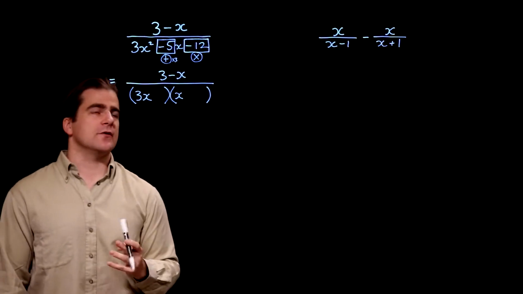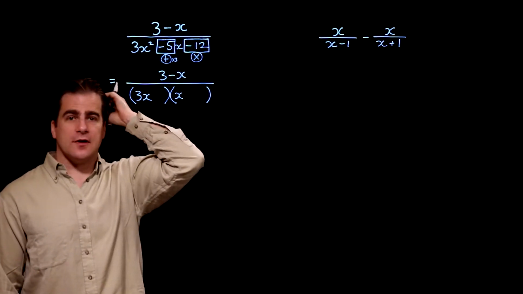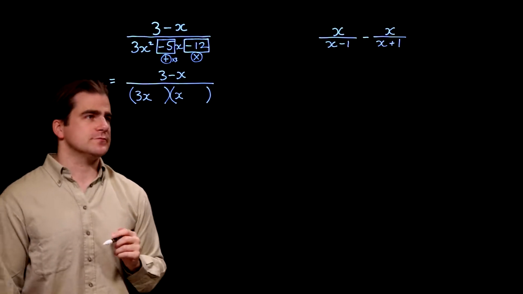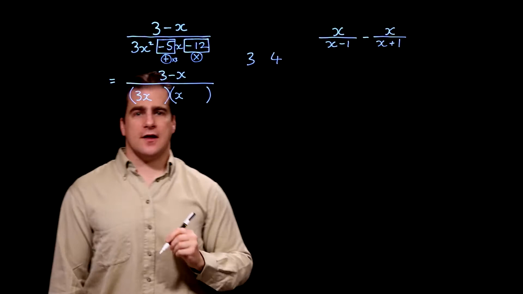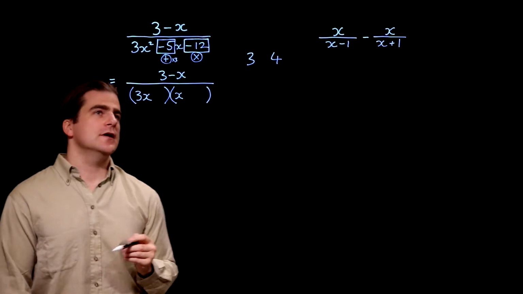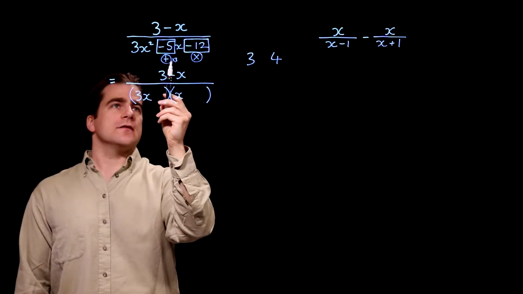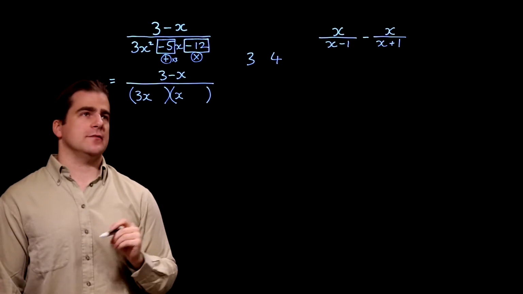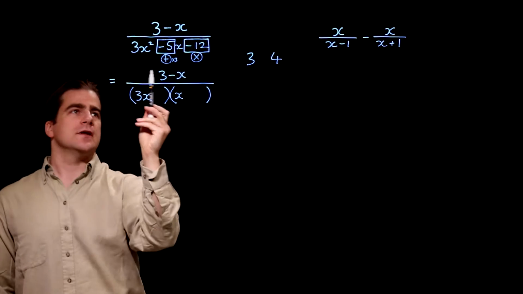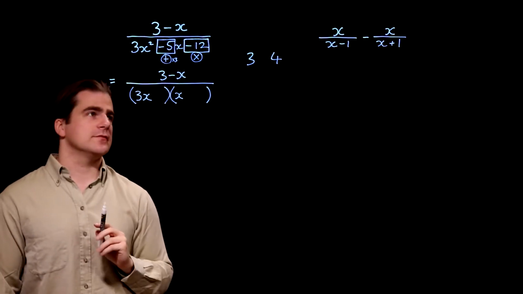Right, so let's think up two numbers that multiply to give minus 12. Well, 3 and 4 do, so let's try that. But one of them has to be multiplied by 3 to give the minus 5.